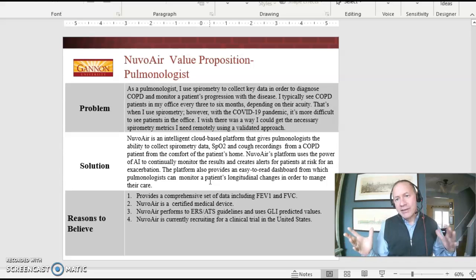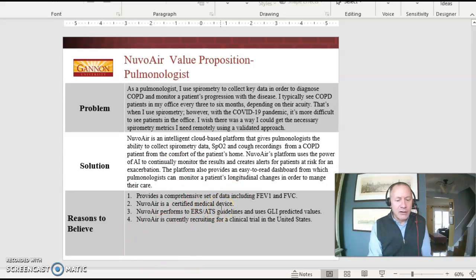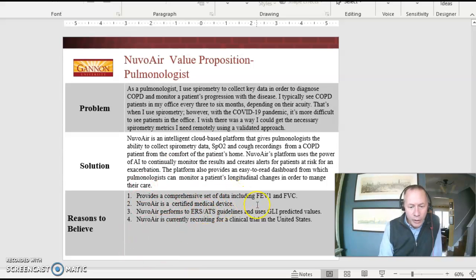Now how can someone help me with that? And then the reasons to believe aren't necessarily fleshed out here. I do have what they could be. What kind of data would it collect? Basically, that's because this particular device is going through FDA approval right now. So they're going to collect this.